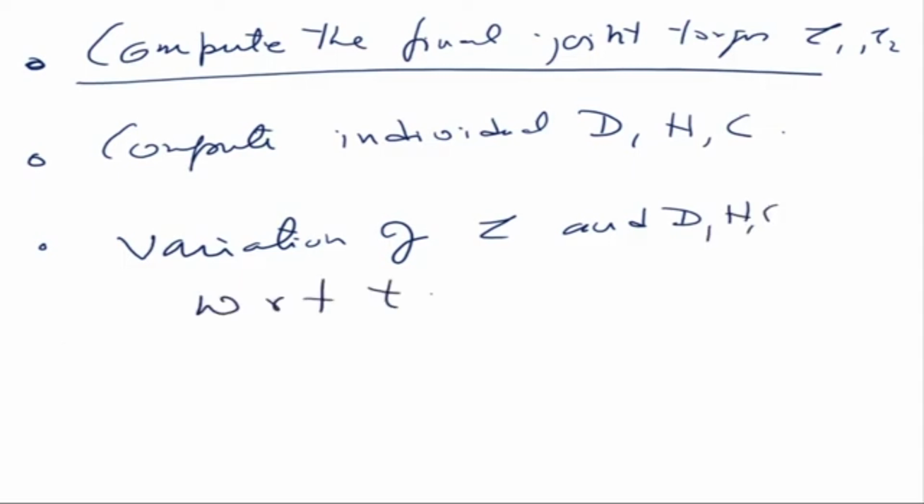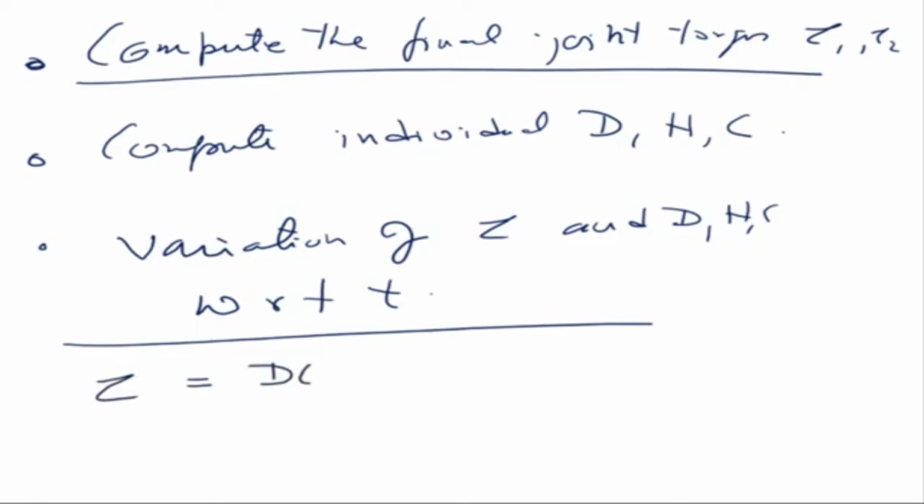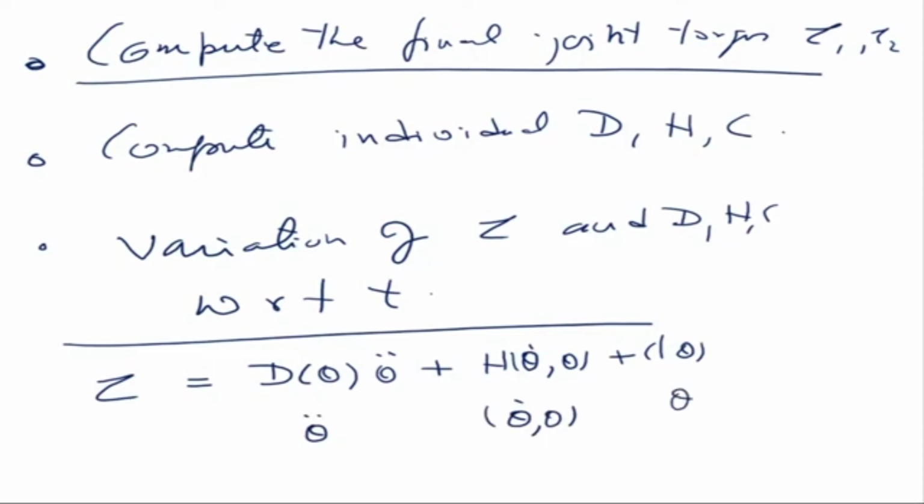So what I want to basically tell you here is that as time decreases, inertial forces are going to increase. We have seen that tau is equal to D times theta double dot, plus H times theta dot and theta, plus C times theta. Okay. The first depends on acceleration, the second depends on velocity and position, and the last depends on position only.